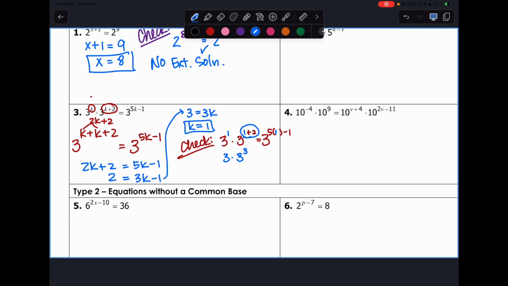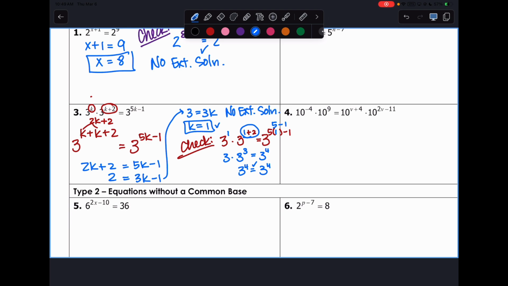What's 3 times 3 to the third power? 3 to the fourth power, yay. 3 to the fifth power minus 1 is 4. So it's 3 to the fourth power. Do they equal each other? Yep. So that's my correct, real solution, and there are no extraneous solutions.